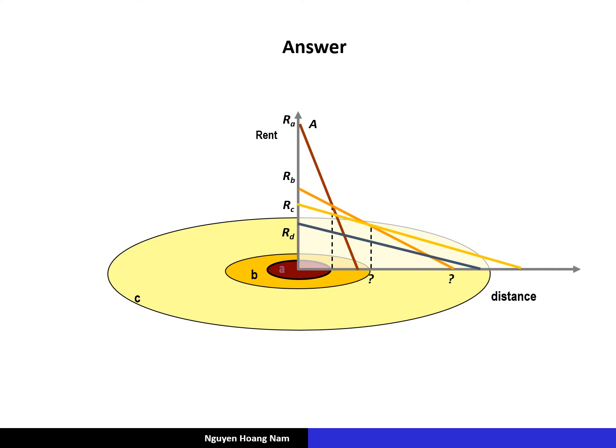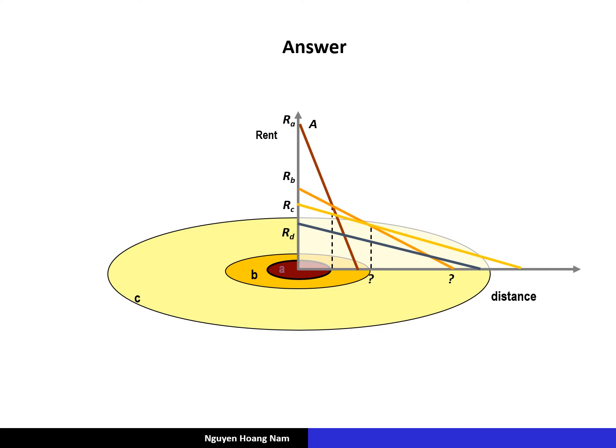and so, because we are aiming at maximizing the location rent, we always choose the highest location rent possible, which is wherever the location rent is the highest point we choose.